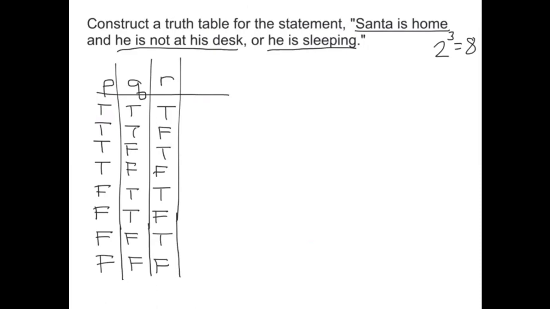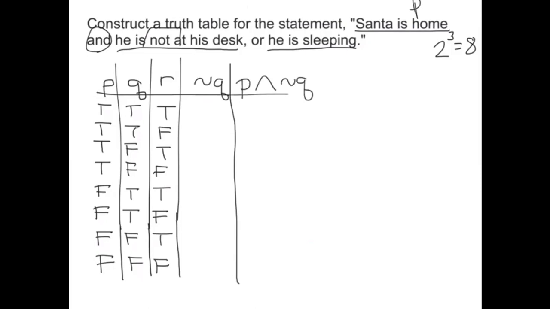Santa is home and he is not at his desk. Okay, so the first thing I need to do is figure out not at his desk. So remember, at the desk was Q. So I need to do not Q. And then once I have not Q, I need to do the connective Santa is home and not Q. So Santa is home is represented by P. So we need to do P and not Q. And then once I have that answer, we need to connect that with the connective or.